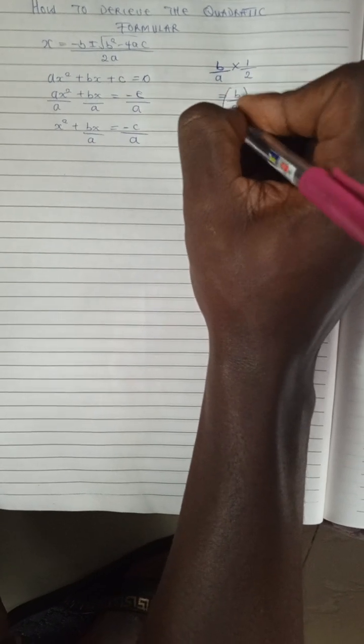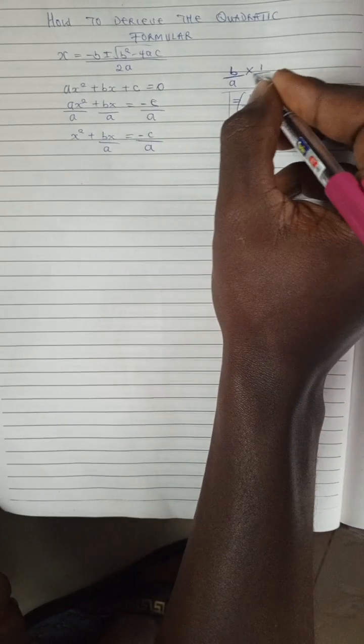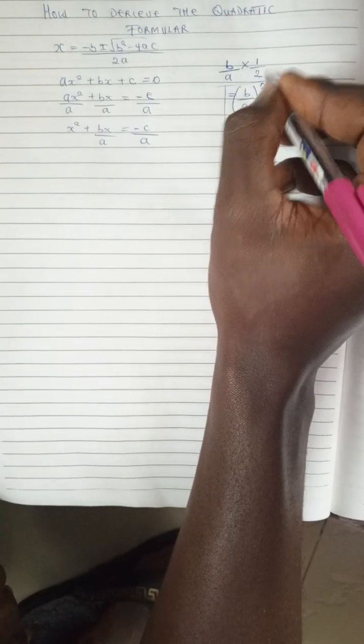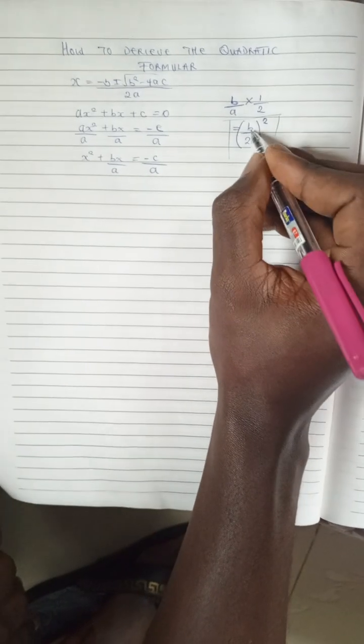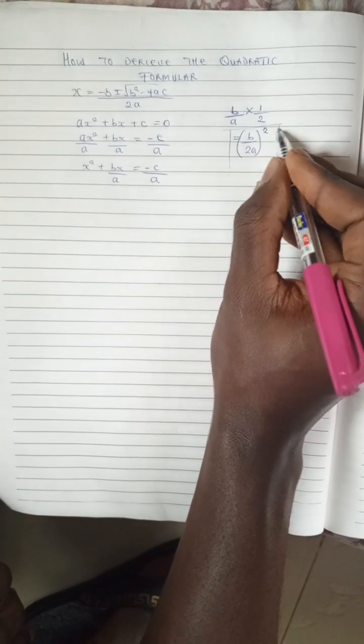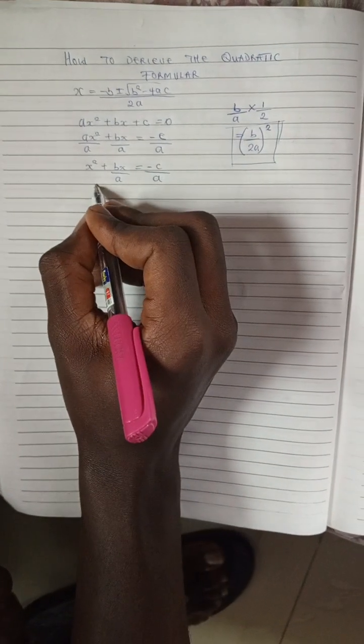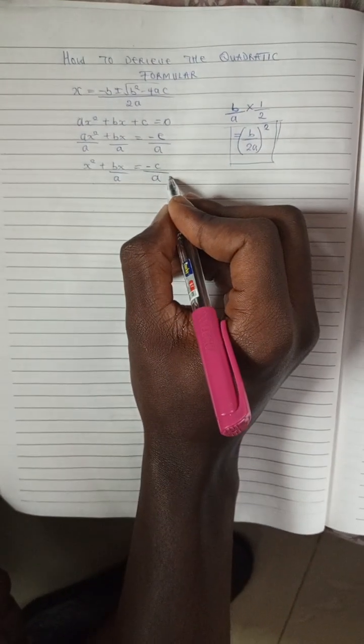And then when we square it, we have b over 2a squared. So this is what we need: the coefficient of x multiplied by its half and then squared, so we have b over 2a raised to power 2. We add it to both sides, the left hand side and the right hand side.